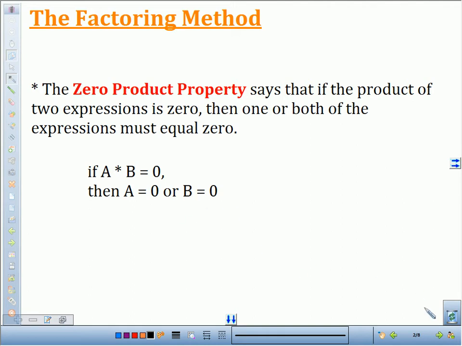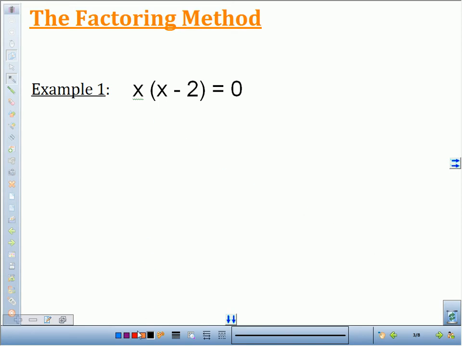Now let's see how we put that into practice by doing some examples. We're going to start with examples that don't require factoring, and then we'll move on to some examples that do. Looking at example number 1, I have x times x minus 2 equals 0. What you need to notice here is that I have two expressions.